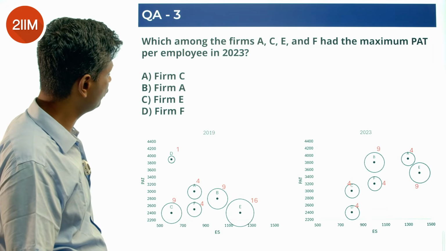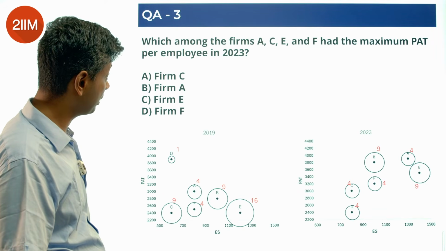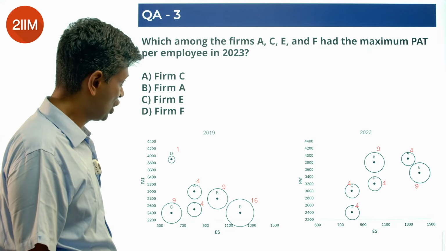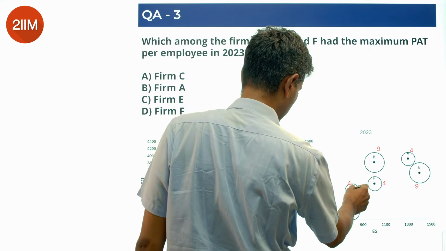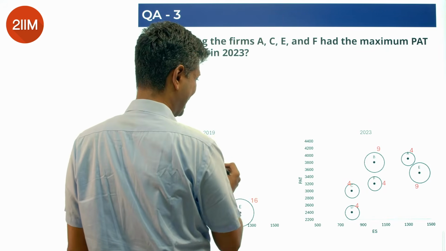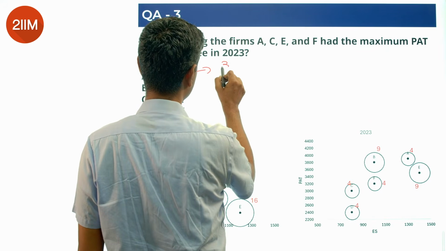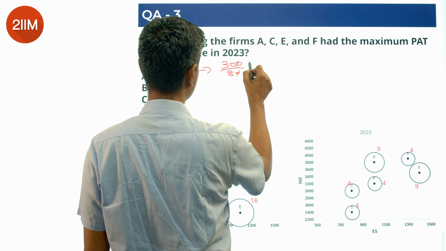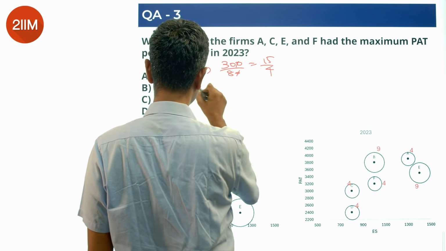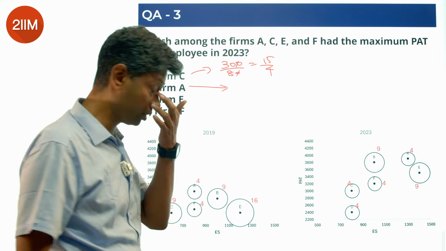Which among the firms A, C, E and F had the maximum PAT per employee in 2023? Firm C, PAT per employee. C is here 3000 by 800. 300 by 80, 30 by 8, 15 by 4. I don't care about the units as long as I'm consistent.